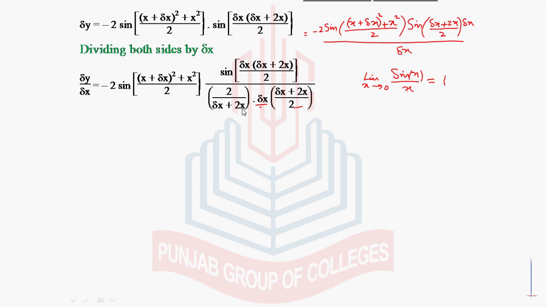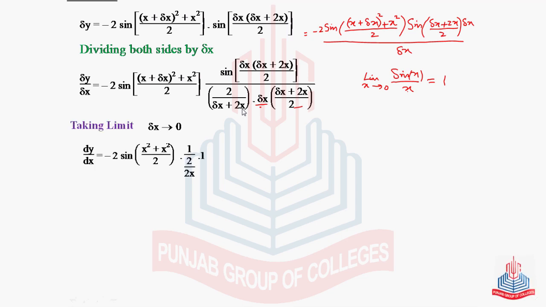Taking limit delta x approaches 0, this will become dy by dx, and on the right hand side, minus 2 sine, this delta x will be 0, so we have x square plus x square divided by 2, and on the right hand side we have actually the formula like this one. Limit will apply only on this part, and by using this formula it will be equal to 1, and the remaining thing is 1 over 2, which is this one, and this delta x will be 0.